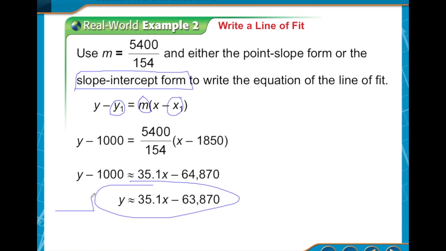So we need to have this equation down as a part of this real-world example 2 problem. Y is about 35.1x minus 63,870. So it's several steps, but we're working through it, we're understanding, we're attempting it and trying to get these concepts.